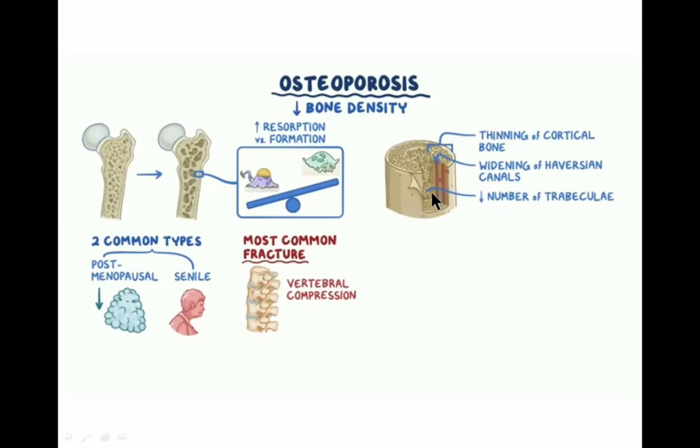And there is a very large reduction in the trabeculae, that is the spongy bones; the number of trabeculae will be reduced here. And you can see two types of osteoporosis, one is postmenopausal and the other one is senile, and the most common fracture you can observe is vertebral compression. So this is all about osteoporosis.